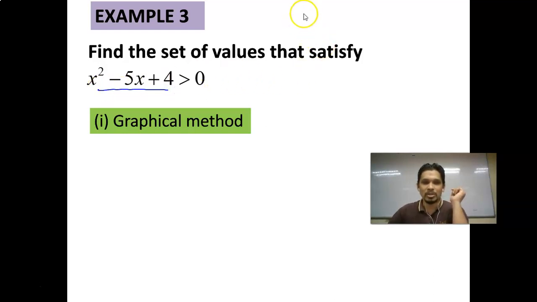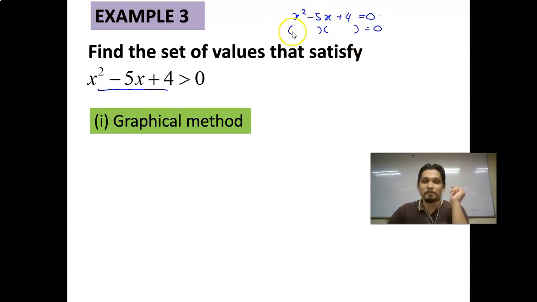If I change this symbol for a while, x squared minus 5x plus 4 equal to 0, and I try to find the value of x, as I mentioned in the previous videos, from a quadratic we can find the value of x using factorization, completing the square, the formula, or of course the calculator, the last one.